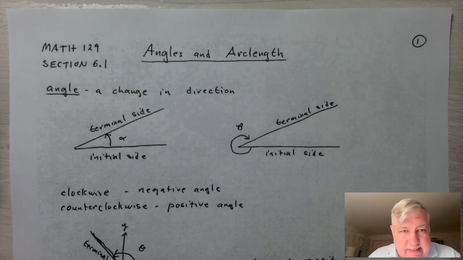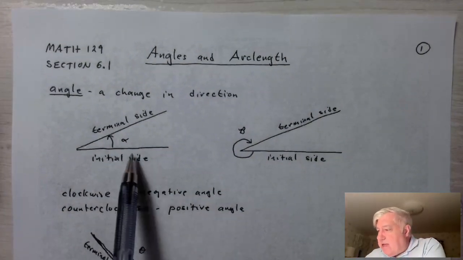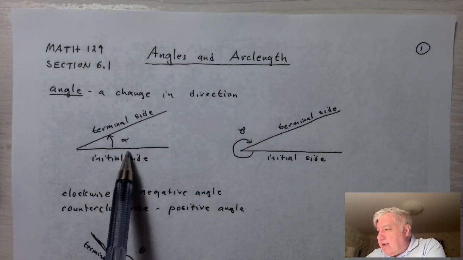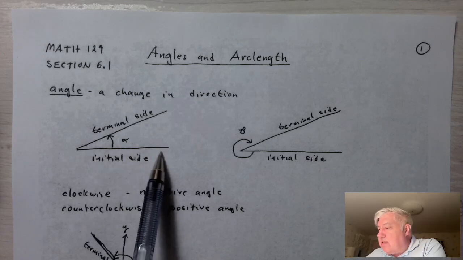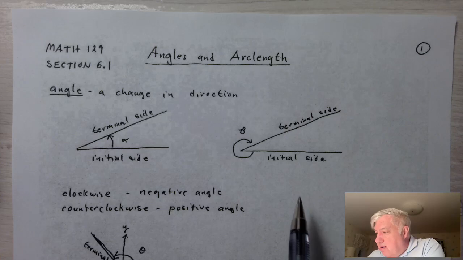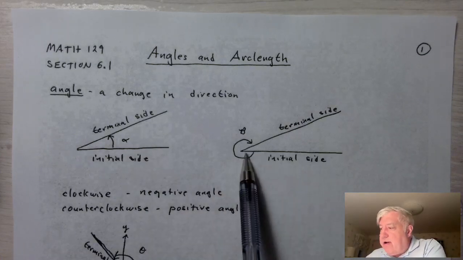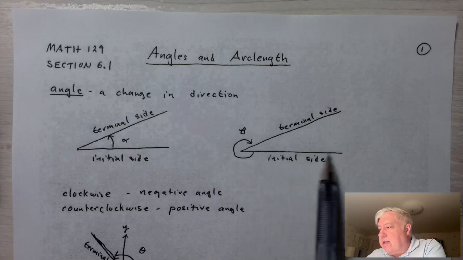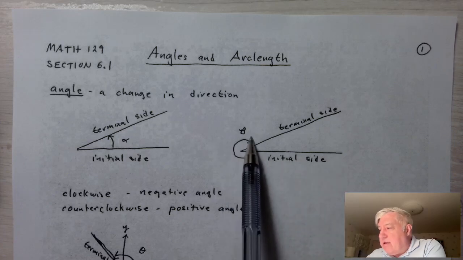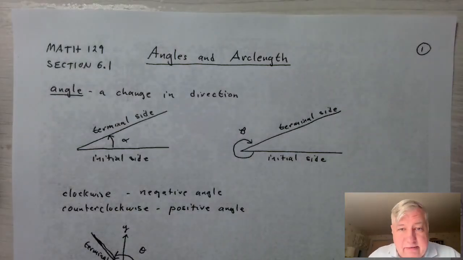So we can describe an angle this way, where, say, if alpha is the angle, we can say alpha takes this line segment and rotates it into this line segment. In this case, it would be counterclockwise. Or we could say beta takes this and rotates it in the other direction, so it's clockwise, into the terminal side.